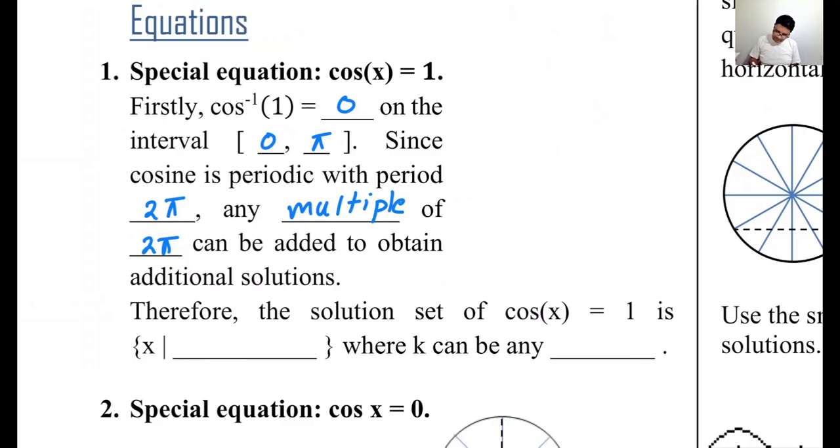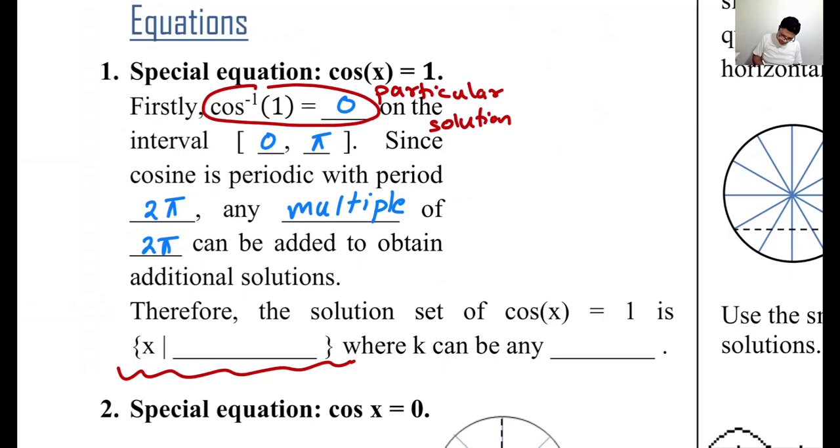The solution set of this equation is now the general solution set. This one here is a particular solution, right? One particular solution, one value. Here what we are writing is the general solution, which is the general set of solutions.